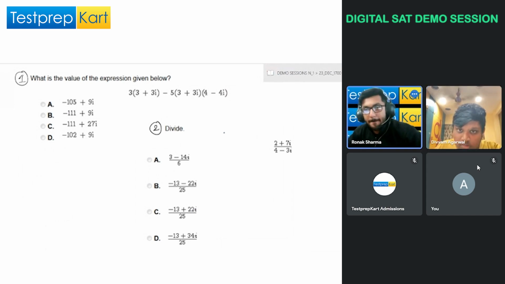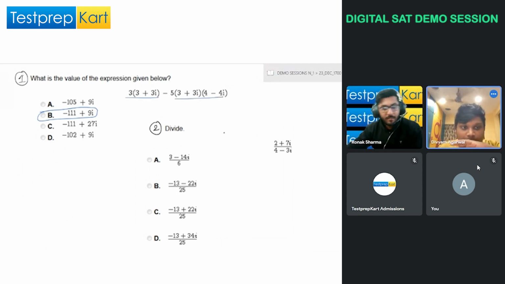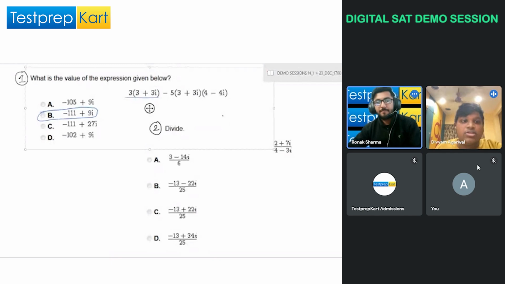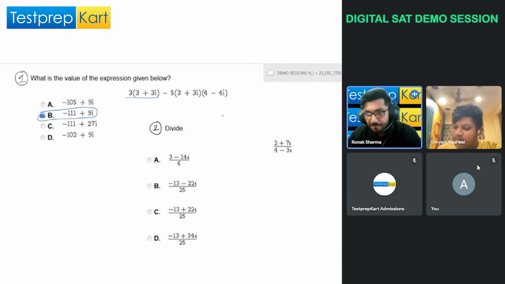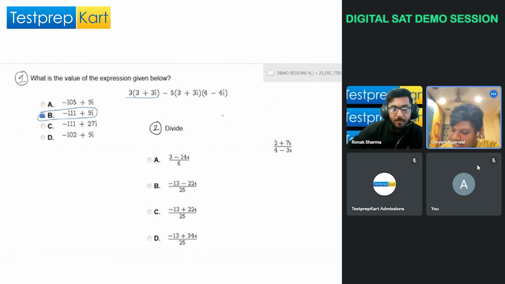C or D? No, C. I think B should be the answer. Let us see, if you have three, plus 3, right? 9. I just saw minus 1 and didn't see the second part. We have to see that. Sorry.